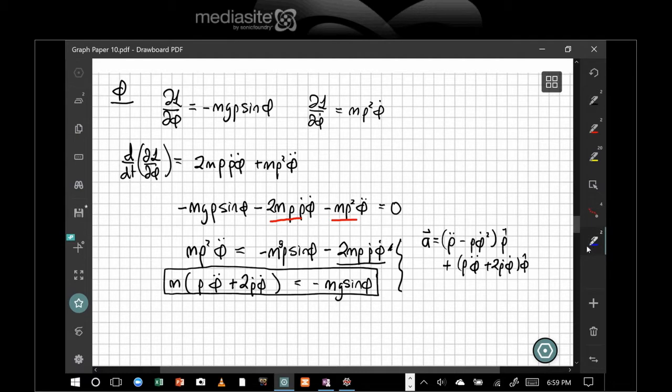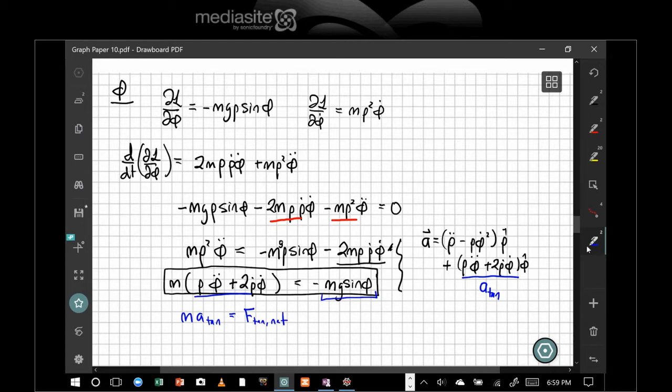Now notice that this guy here is the same thing as this. I would call this a tangential acceleration, so it's mass times the tangential acceleration. Then what is this thing here? That is the tangential component of the net force.